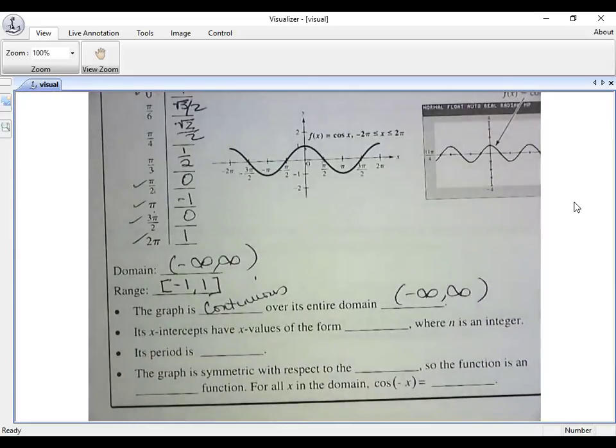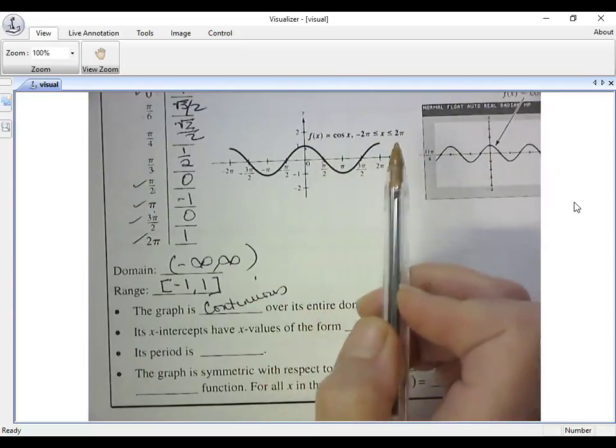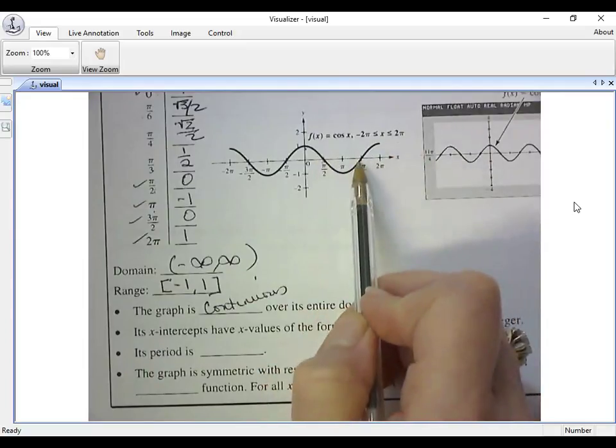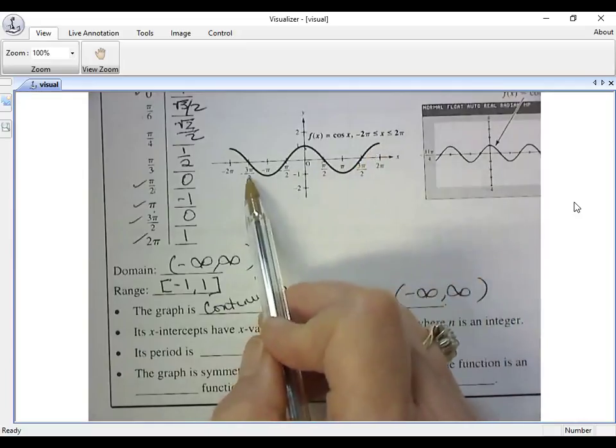Now, tell me where the x-intercepts show up on the cosine function. We said they were multiples of pi for sine. What do you think we're going to have here? It crosses at pi over 2 and 3 pi over 2 and -3 pi over 2.